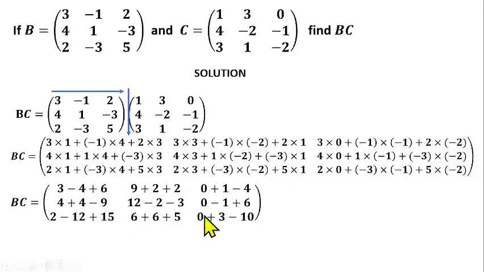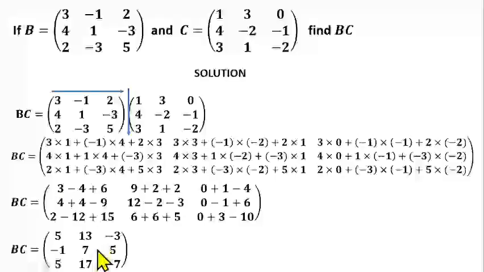Simplify this, you have this, and simplify this, we have this as well, which if you simplify further, that gives us 5, 13 minus 3 will give us minus 1. We have 7, we have 5, we have 5, we have 17, and we have minus 7. So which is the value of BC.